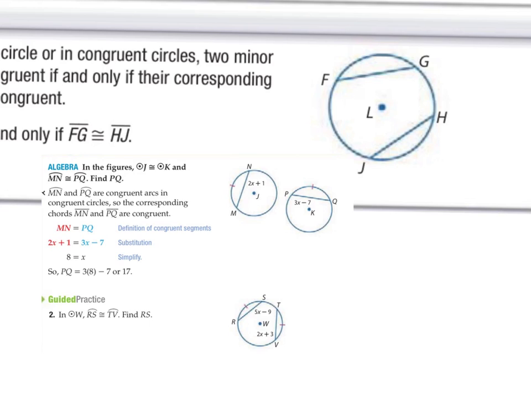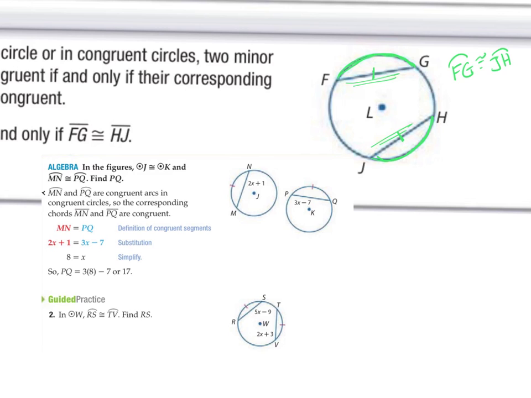If I know that this arc is the same length as this arc, then in this same circle or in congruent circles, that means that the arc from F to G is going to be congruent to the arc from J to H. Conversely, if I know that the arcs are congruent, if I know that FG and JH are the same shape and size, then I can conclude that my chord measures are the same length.